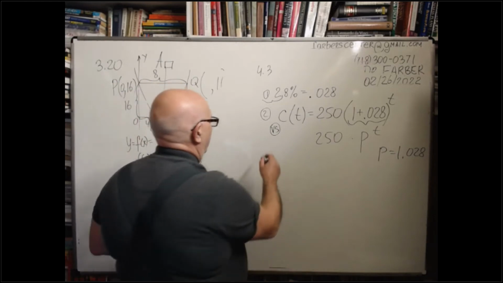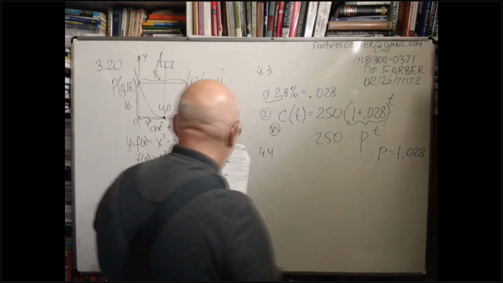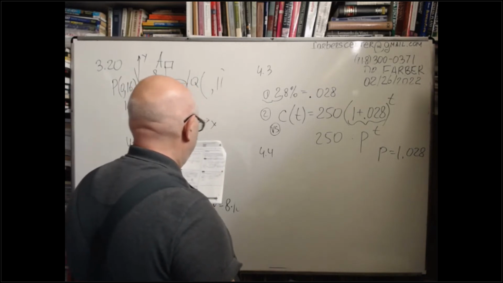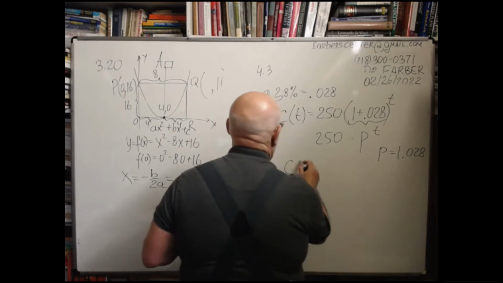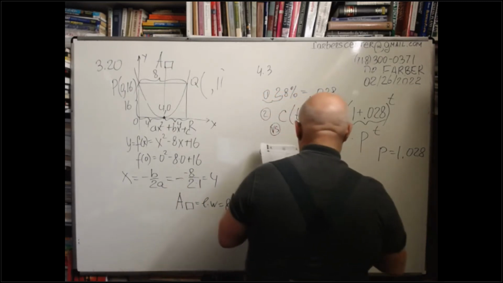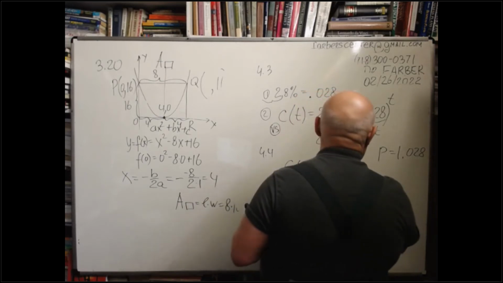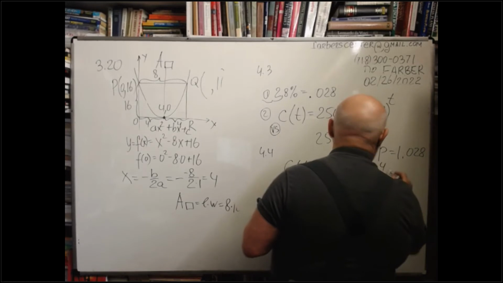If you look at number 4.4, what is the approximate cost in 4 years? Since you have this formula, let me write it again. C of T equals 250 times 1.028 to the power 4.